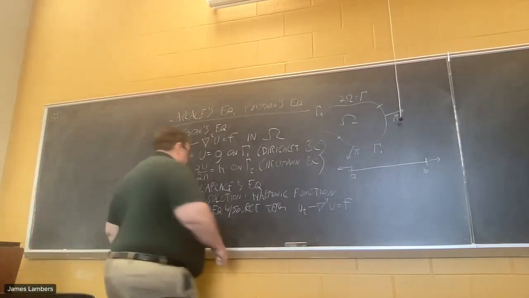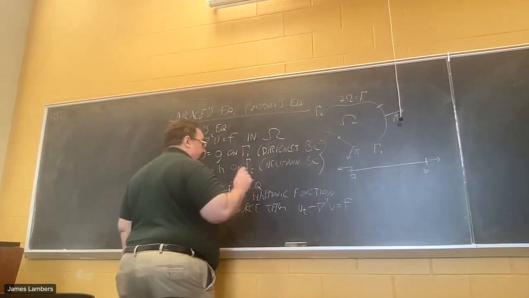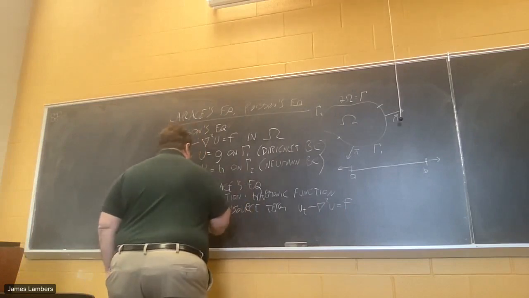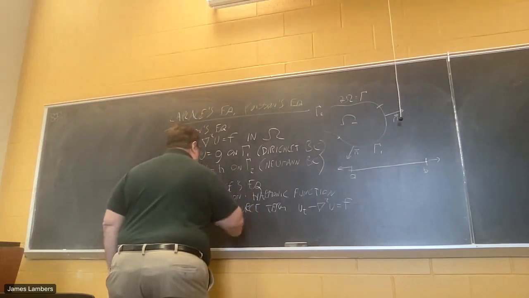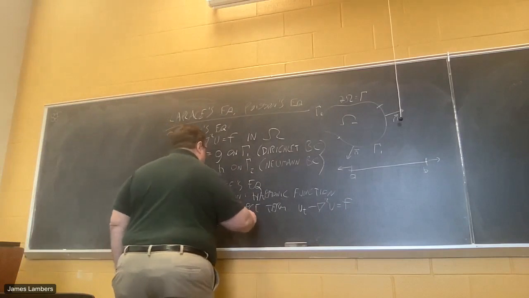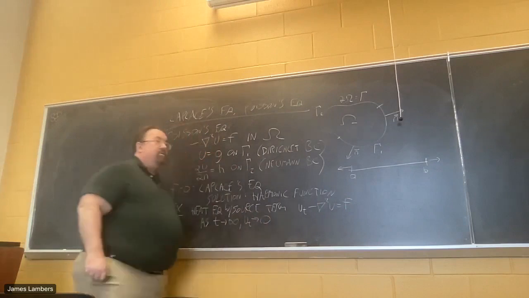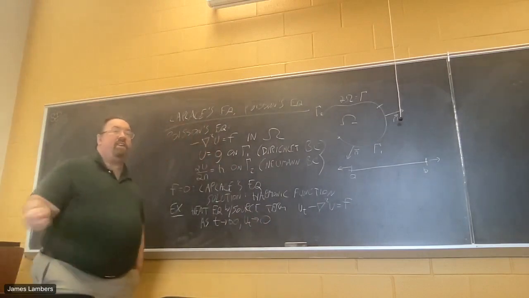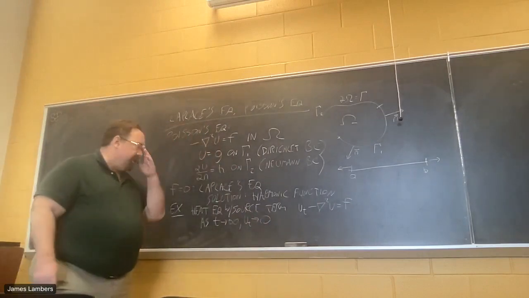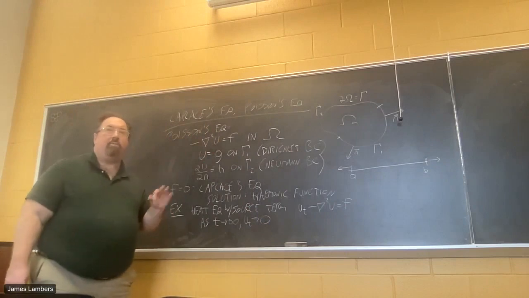What happens is, the way this equation behaves, as t goes to infinity, we have du/dt going to zero. The solution actually converges to a steady state. That's one of the properties of a heat equation. Not necessarily true for time-dependent PDEs in general.